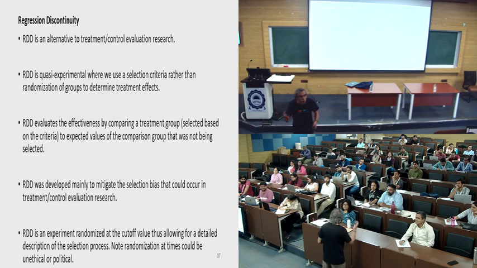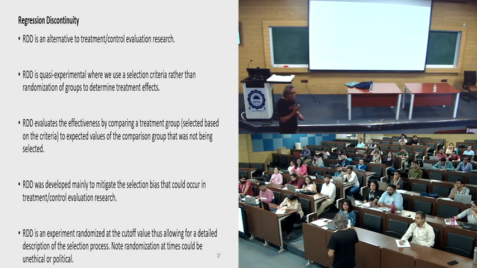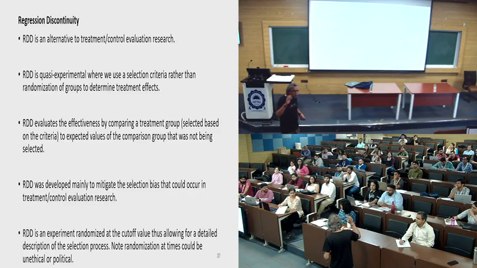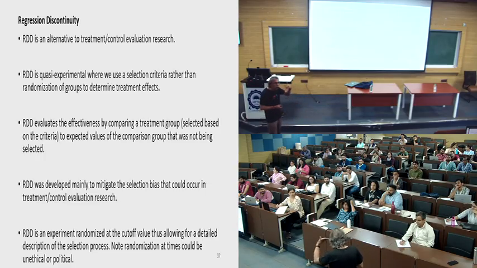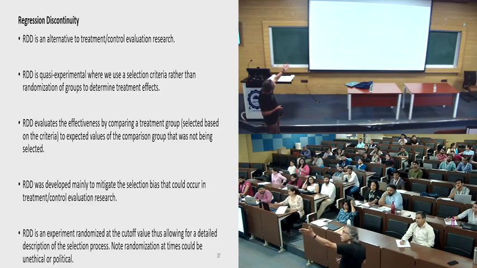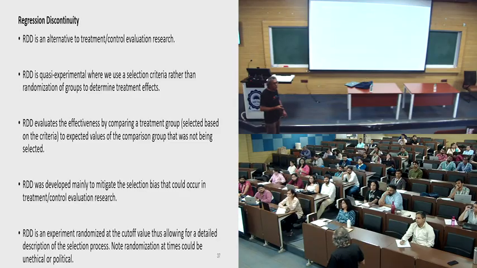But I have heard that there are different colors, right? BPL, some blue, some white, some, I don't know which color, orange. So there are 3 different colors of ration card. You can think that there is a selection criteria based on the 3 different colors.